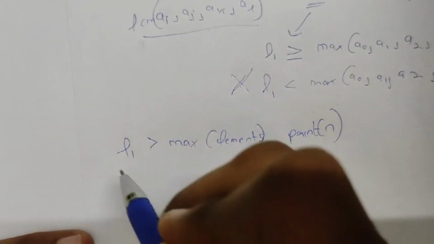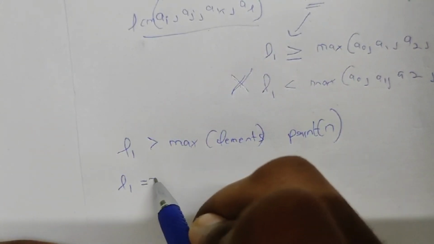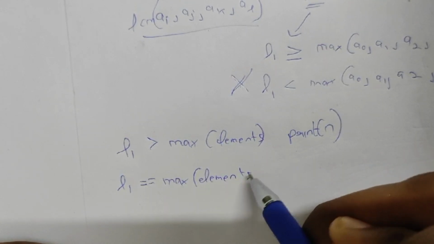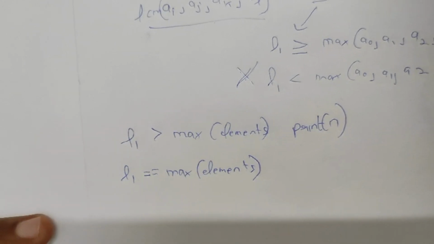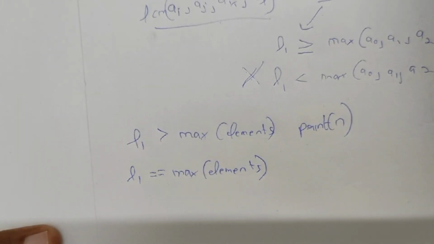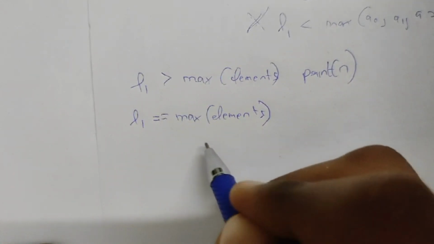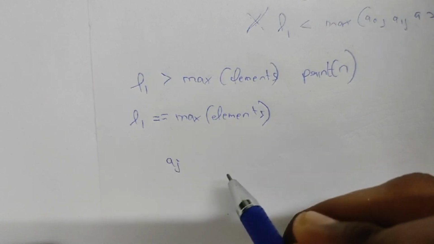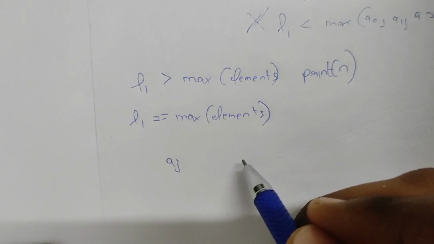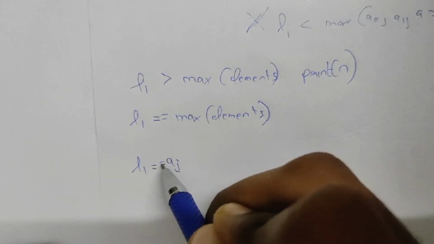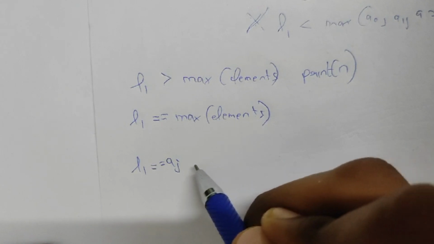The second condition is that L1 is equal to the maximum of the elements. Suppose the maximum element is aj.